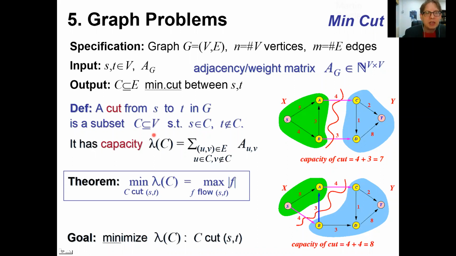This is a purely mathematical theorem that says the value of a minimum cut is equal to the value of a maximum flow. And that theorem puts us in business algorithmically, right? Because we have an algorithm that calculates the maximum flow, and according to the theorem, that also constitutes a minimum cut. So we can solve the minimum cut problem using Edmonds-Karp or Ford-Fulkerson in polynomial time, which is far from obvious if you don't know the algorithm.